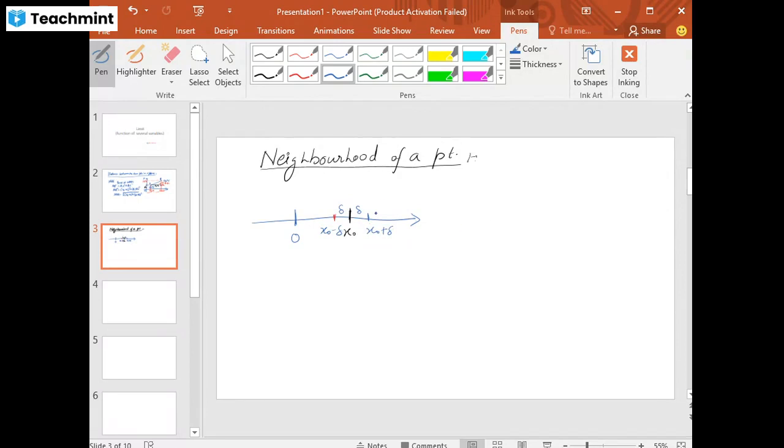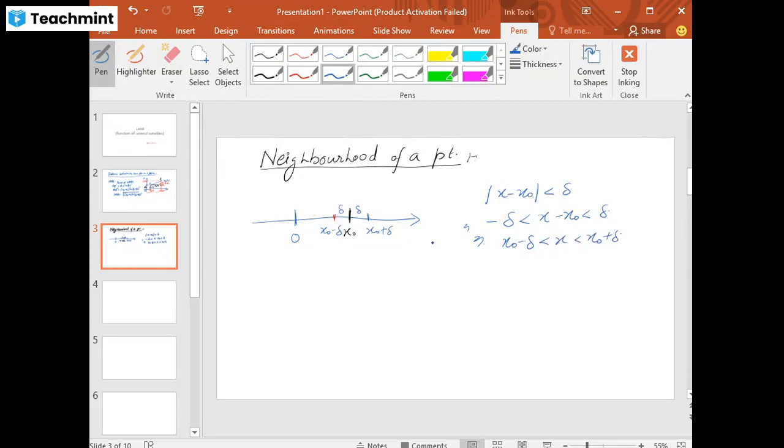If I say that x is any point, then the neighborhood of the point is given by the distance |x minus x naught| less than delta. Because the absolute value of this difference is less than delta, it means minus delta is less than x minus x naught is less than delta, or x naught minus delta is less than x is less than x naught plus delta.